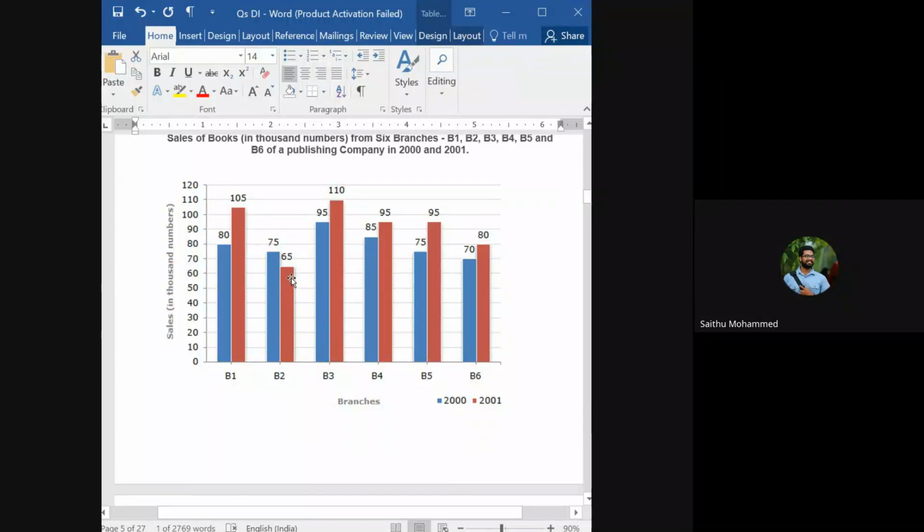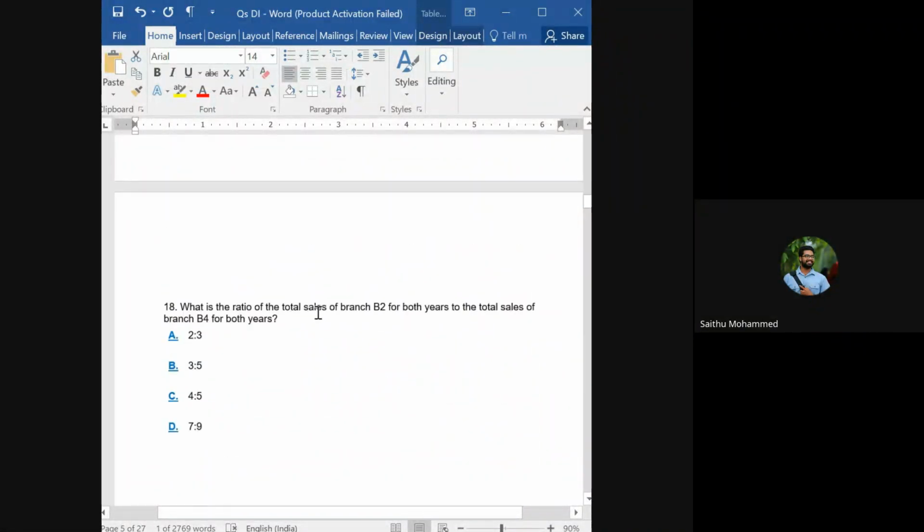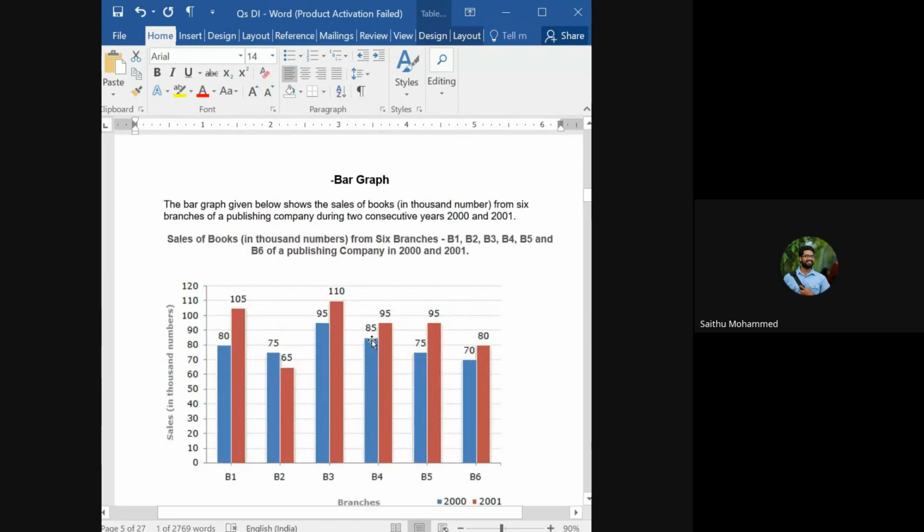And in 2001, the total sales of branch B2 is 65. Now next we have to compare B2 with B4. In B4, the total sales is 85 in 2000 and in 2001 it is 95. So 85 plus 95 gives 180. So in B2 for both the years it is 140 and for B4 for both the years it is 180.